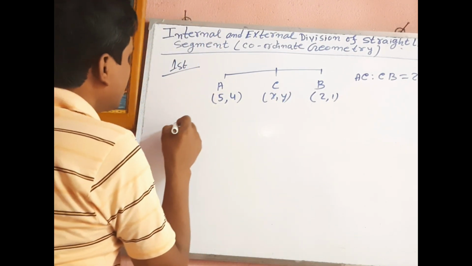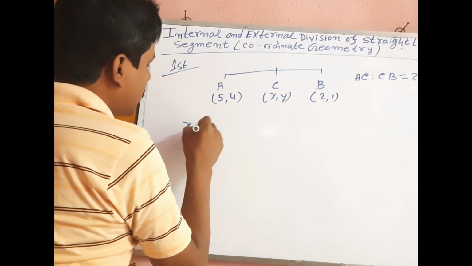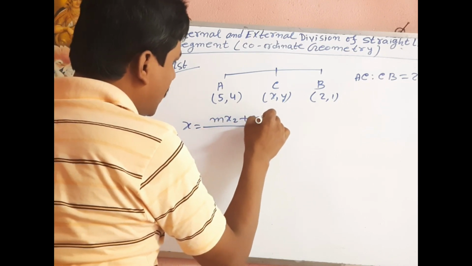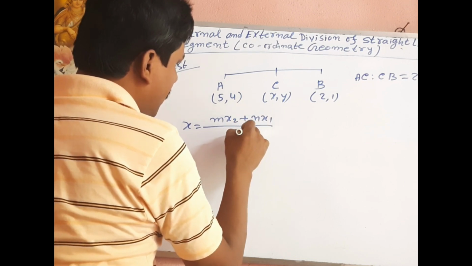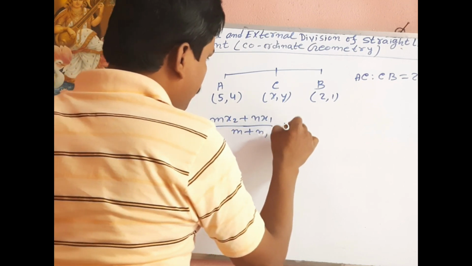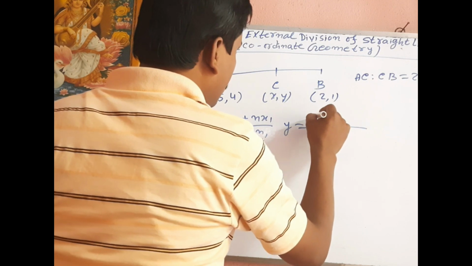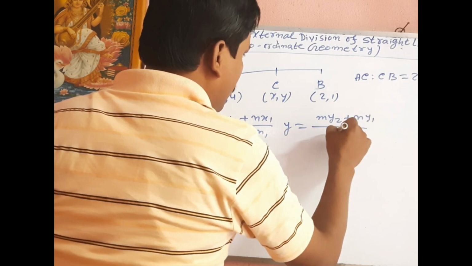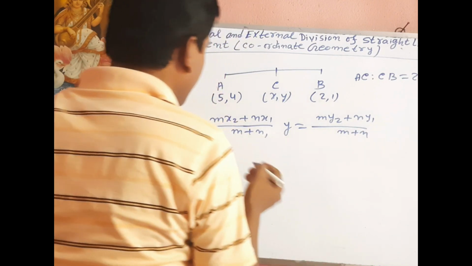By using the internal division, x is equal to (m x2 plus n x1) divided by (m plus n), and y is equal to (m y2 plus n y1) divided by (m plus n).